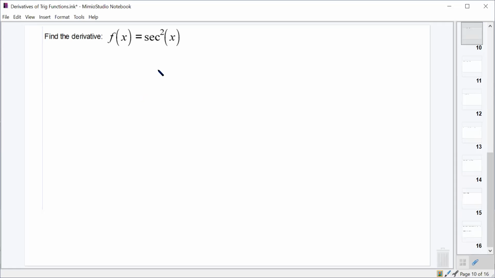Can we separate it out and use the product rule? Yeah, we could just write this as secant x times secant x.